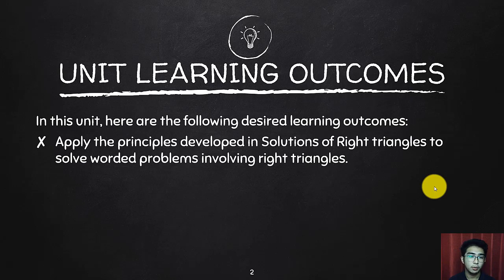But this time, in the worded problems, we're going to create our triangle first, draw the corresponding figure, and then solve for the required part, whether it be an angle or a length. So we're not necessarily solving for every part of the triangle per se.